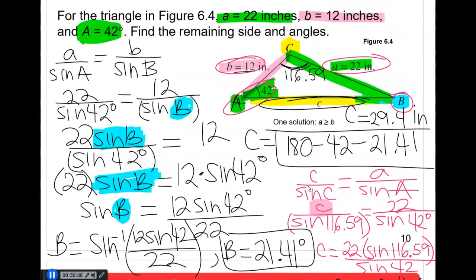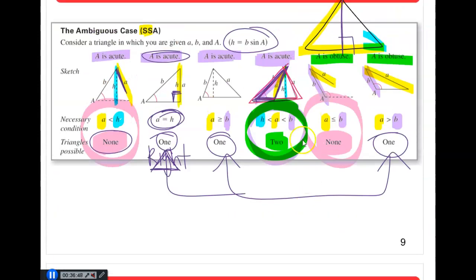So before we move on, I just want to point out that here this statement that says acute is not referring to the triangle but to the angle. So angle A is acute. And in every single case it's referring to the angle, not to the triangle.